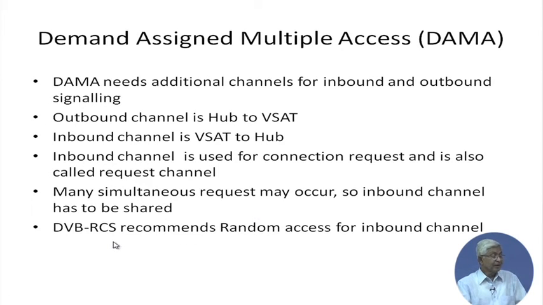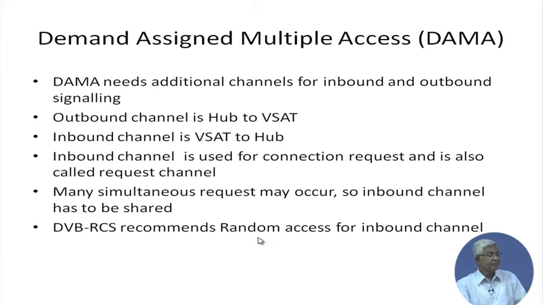DVB-RCS is digital video broadcasting return channel via satellite. This is a standard being used by present-day VSAT technology. Some systems are proprietary, but this is a European standard which is followed in most cases. It recommends random access for this inbound channel, because this is sparse traffic.